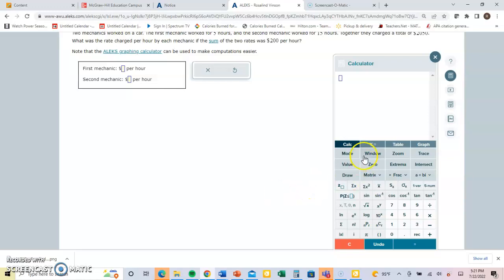First, we're going to click on Y is equal to. Then we'll need to enter the first equation and then enter the second equation. So the first equation, we said that Y was equal to negative X plus 200. For the second equation, that one's going to be a fraction.